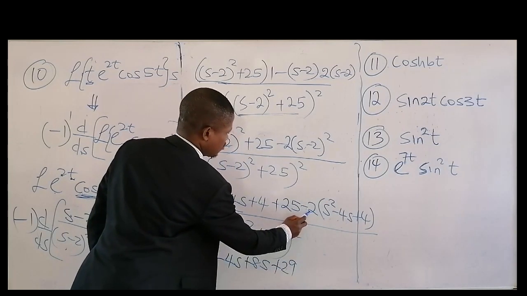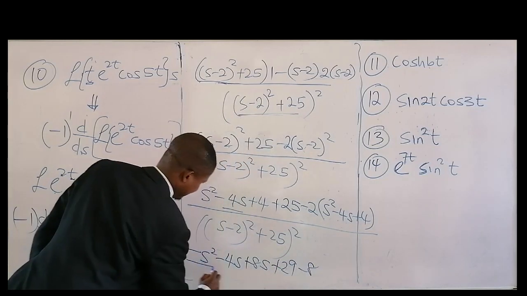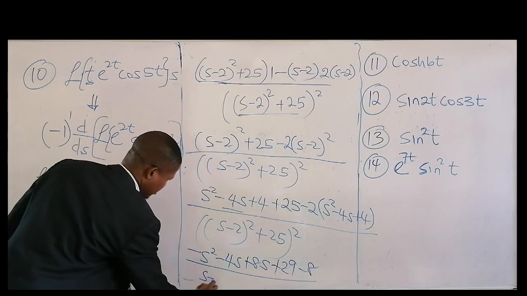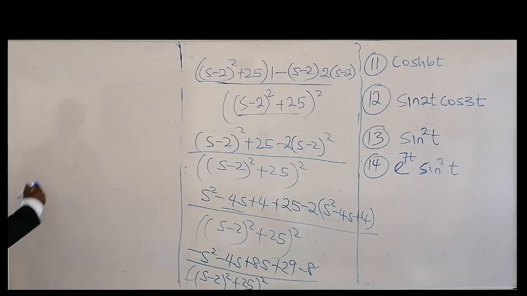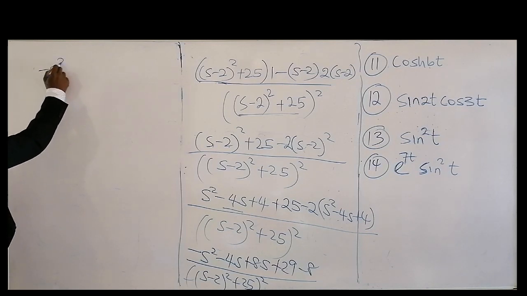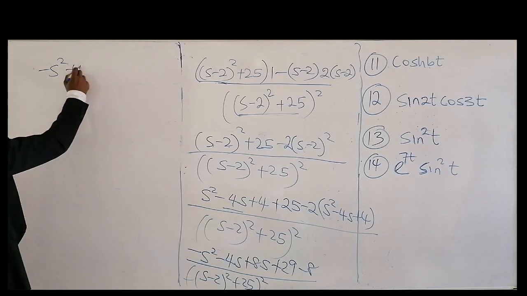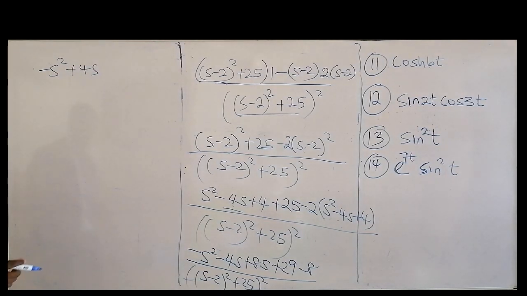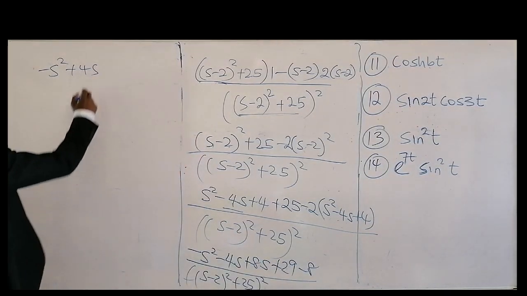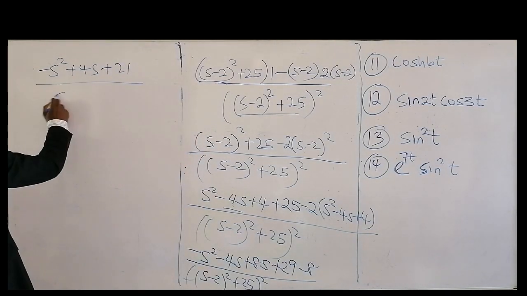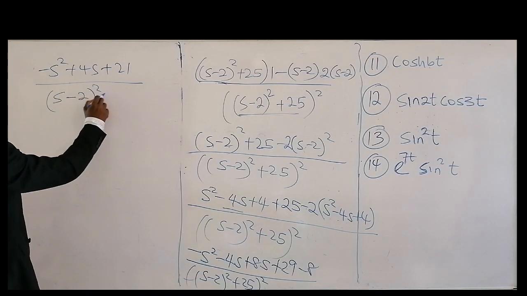Then finally minus 2 times plus 4, that's minus 8, all over the denominator x minus 2 whole squared plus 25 whole squared. So final conclusion, we have minus x squared minus 4x plus 8x, that's plus 4x, and 29 minus 8, that's plus 21, all over x minus 2 whole squared plus 25 whole squared.